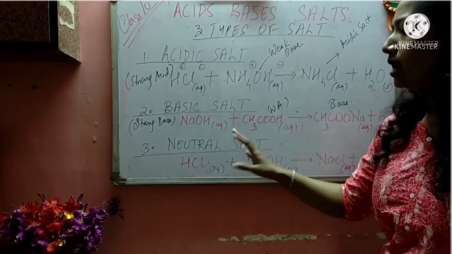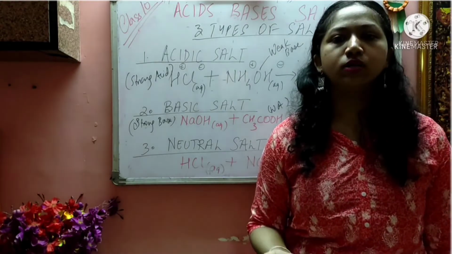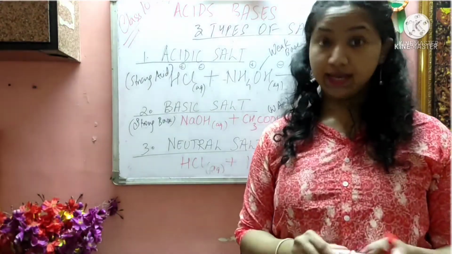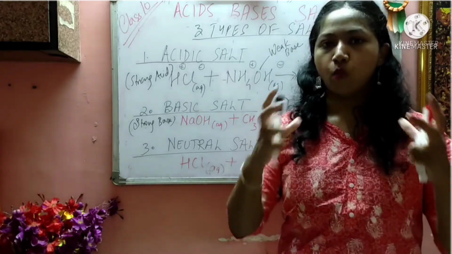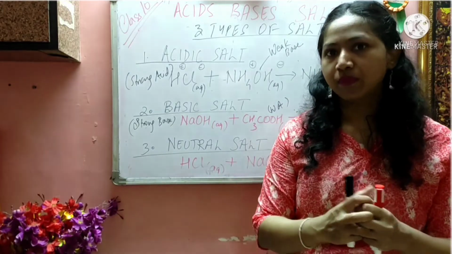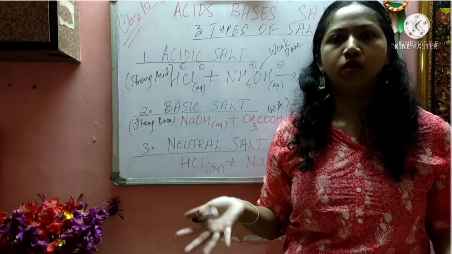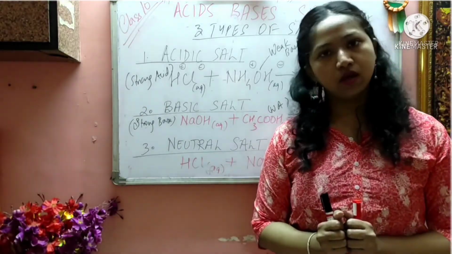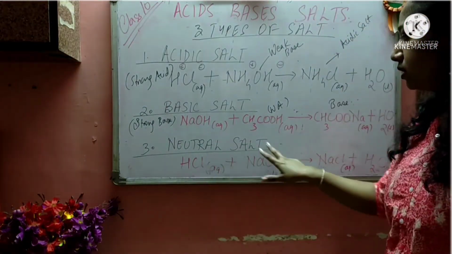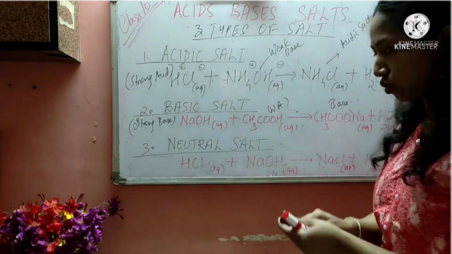Understood now. Third one is neutral salt. How do you get neutral salt? This is quite interesting. When strong acid reacts with strong base, you're going to get neutral salt.